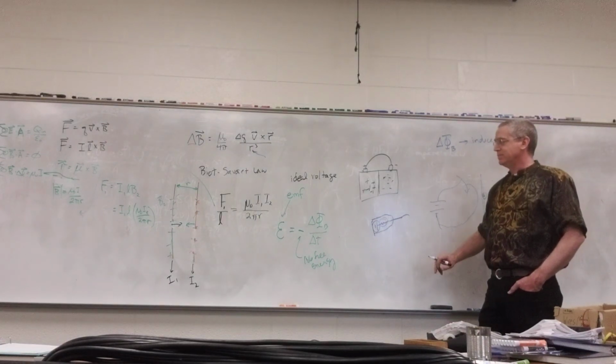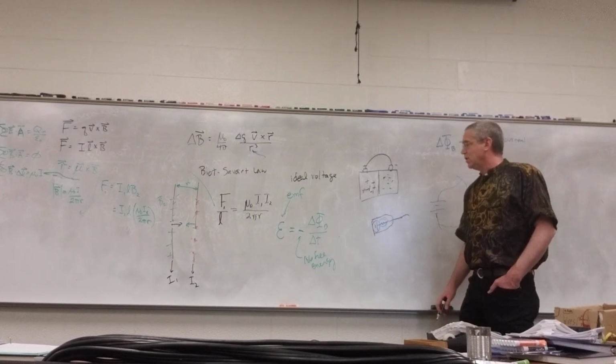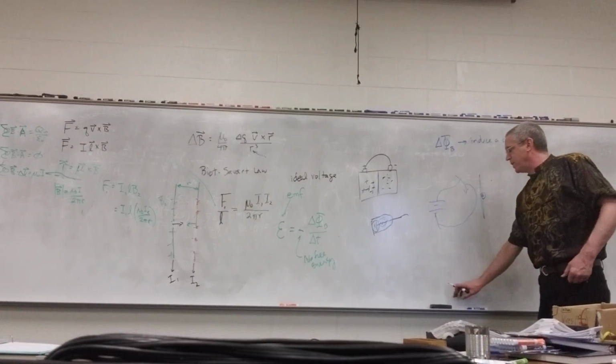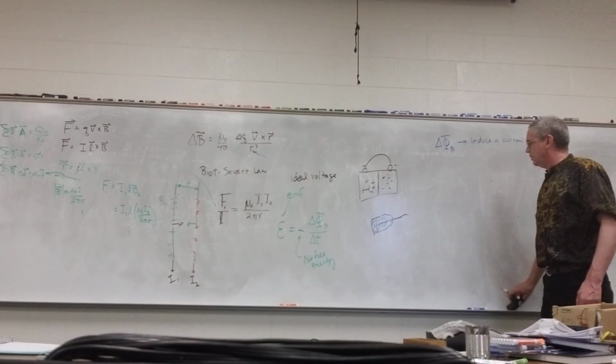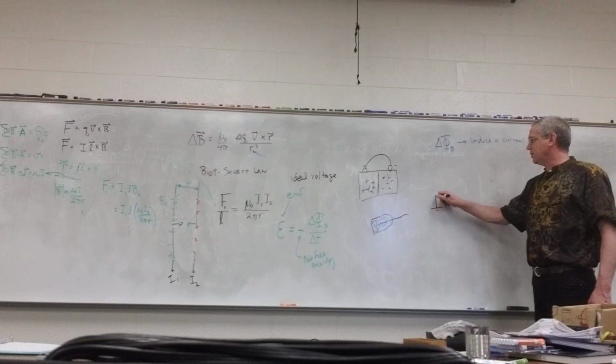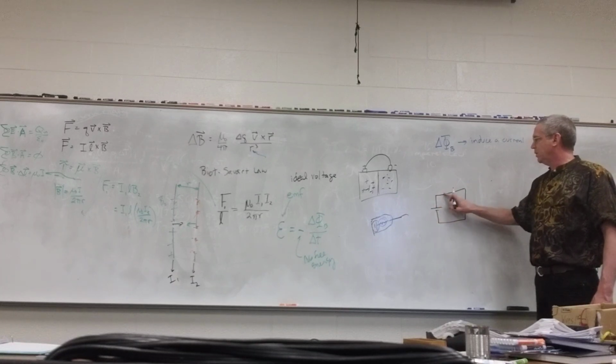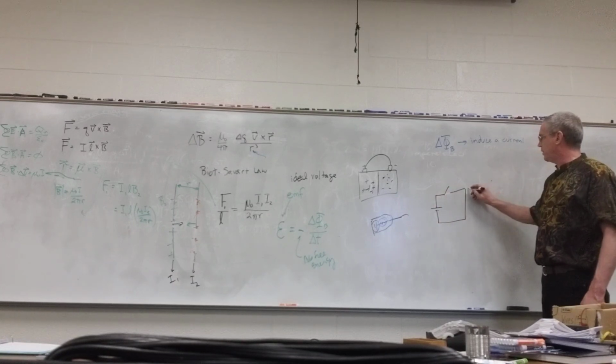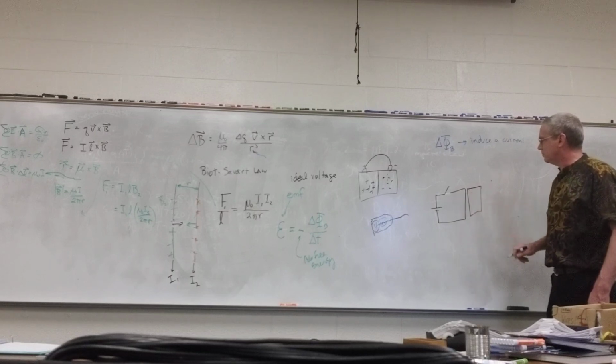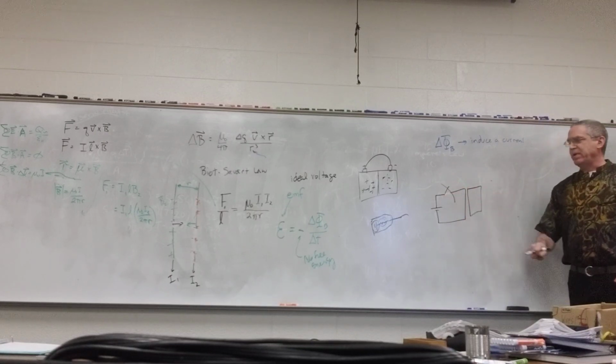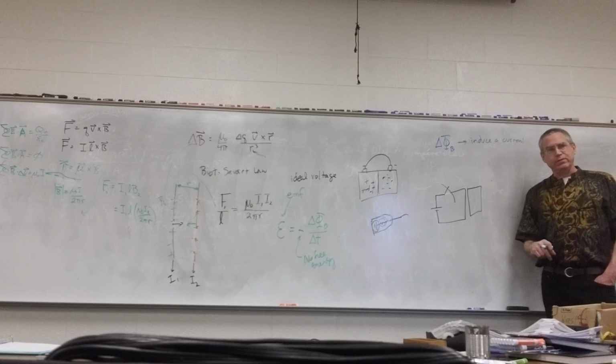The minus sign. When I create, so I got my battery here, squared off, I got my switch, and over here I've got another wire. I make the connection, I create a magnetic field.